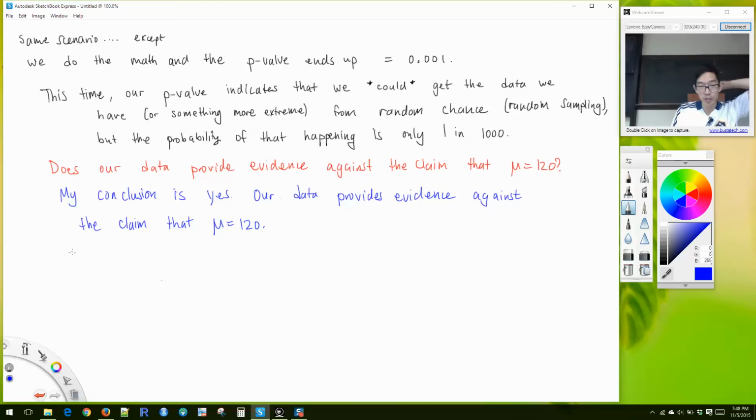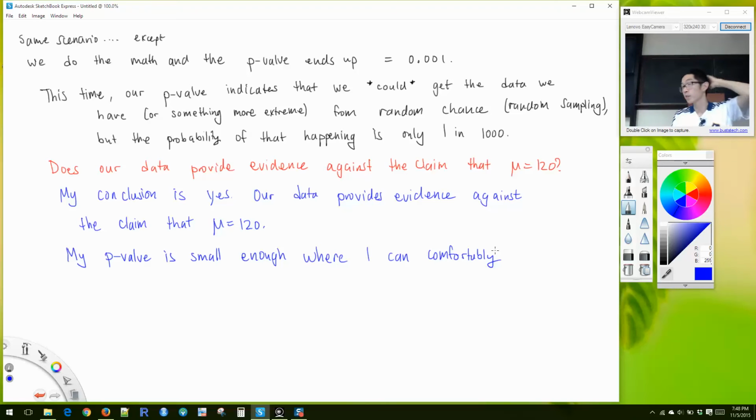Basically, my p-value is small enough that I can comfortably dismiss the possibility that my data was actually just a random coincidence.